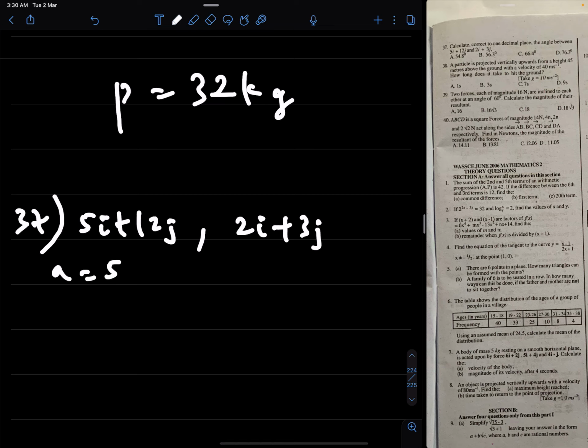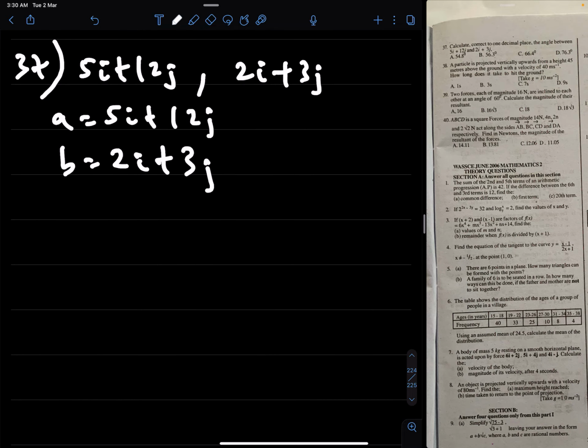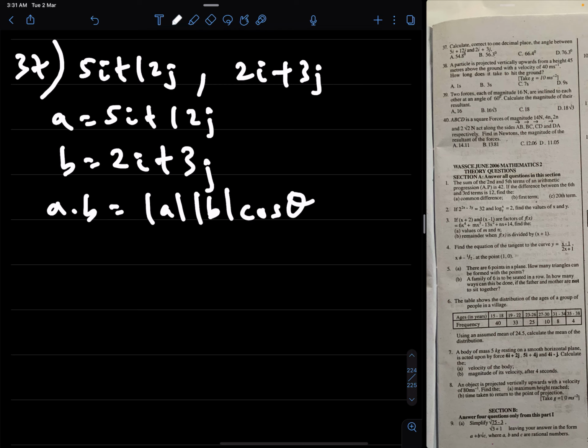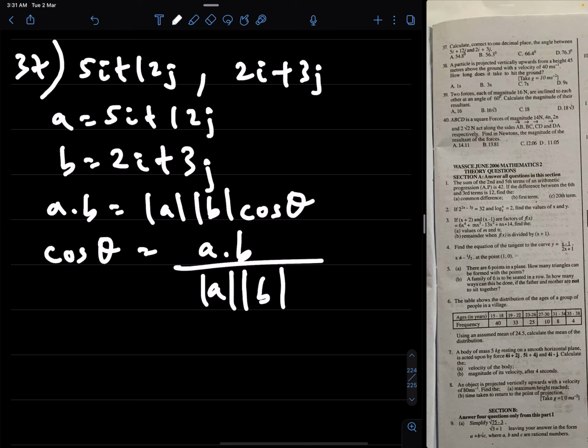Let A be 5i plus 12j and the vector B be 2i plus 3j. So A dot B is the same as magnitude of A times magnitude of B multiplied by the cosine of the angle between them. If theta is the angle between them, that means cos theta is equal to A dot B divided by the product of their magnitudes.